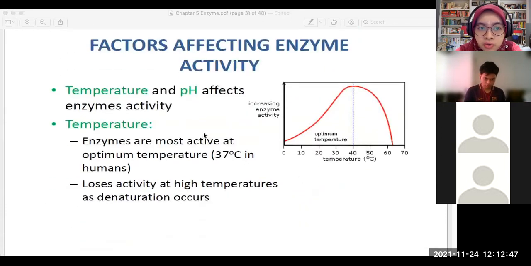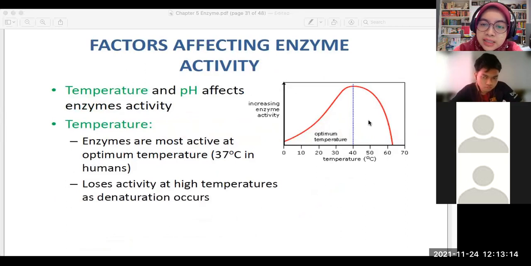All right, so for temperature, initially an increase in temperature will increase the enzyme activity until it reaches an optimum temperature. This is the point where the temperature is optimum. Beyond the optimum temperature, enzyme activity will drop, because the high temperature will alter the shape of the enzyme.